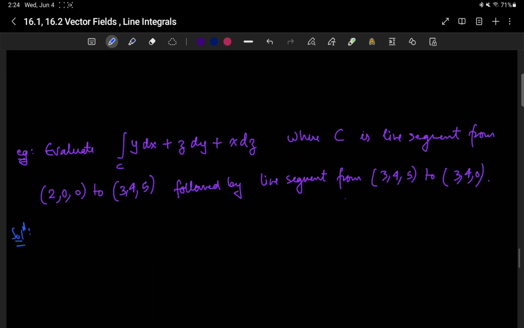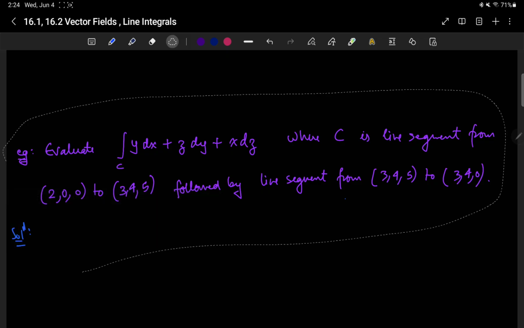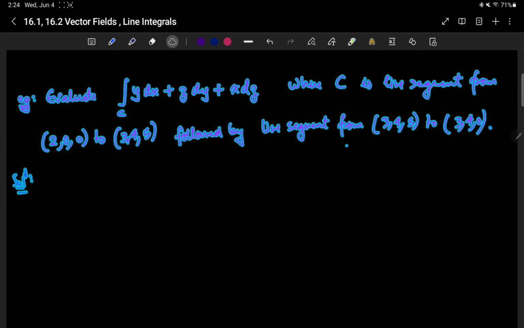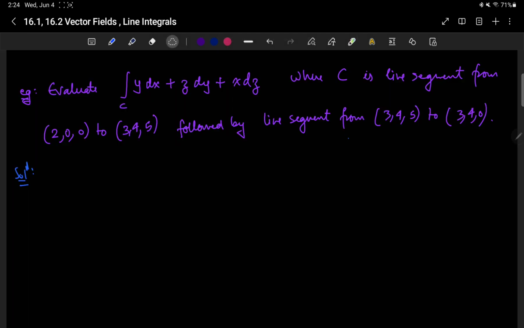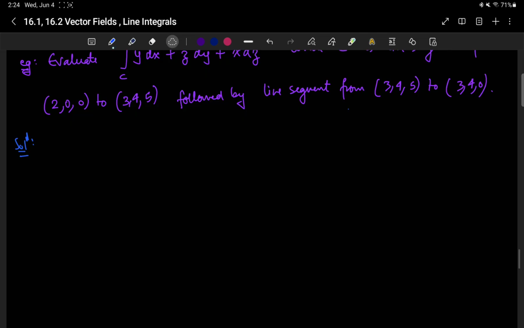Let's look at another example where we don't have a one piece path but a multiple path scenario. In this case, evaluate the line integral given by y dx plus z dy plus x dz, where c is a line segment from (2,0,0) to (3,4,5).